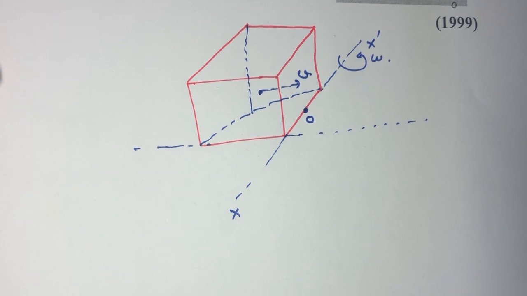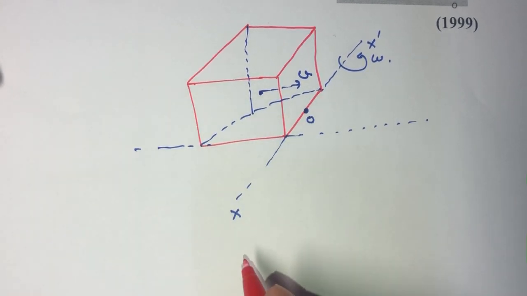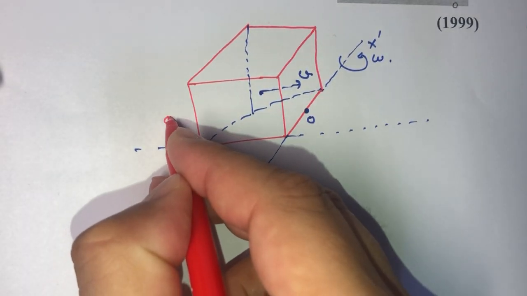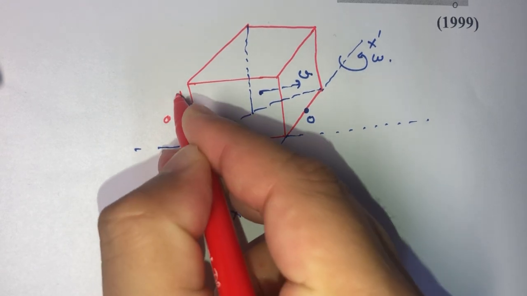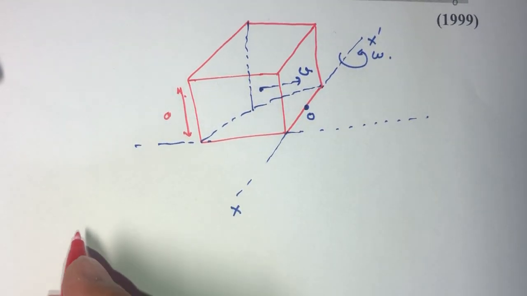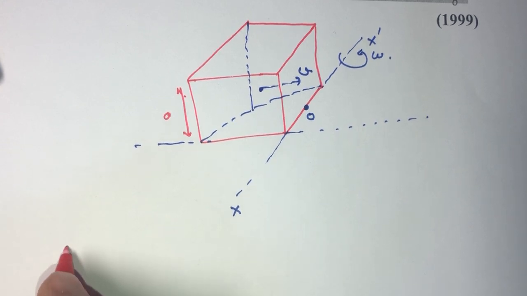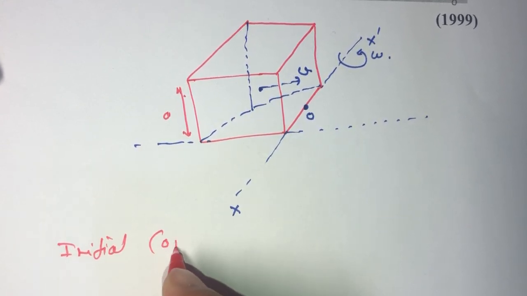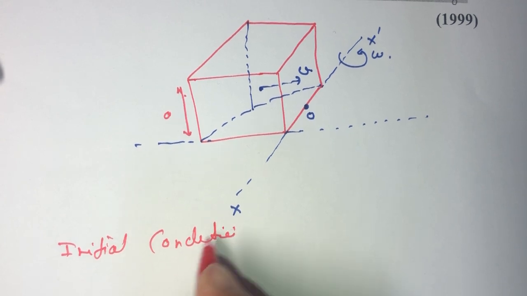So it is given that side of the block is given as A. So let us write the initial or given conditions.